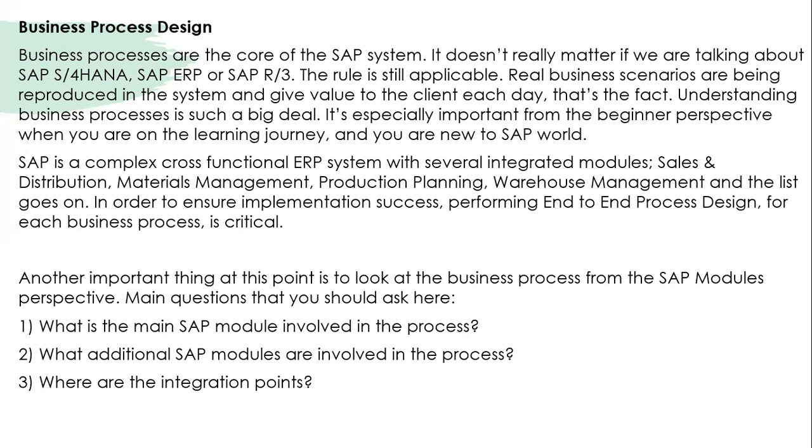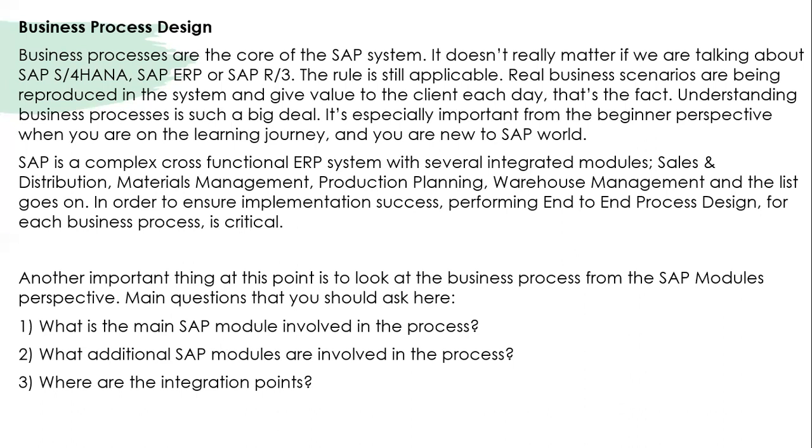It could be procure to pay, it could be plant maintenance, it could be warehouse management and all that. What additional SAP modules are involved in this process? So outside the FICO standard modules or the core module, what additional modules are required to support this activity?